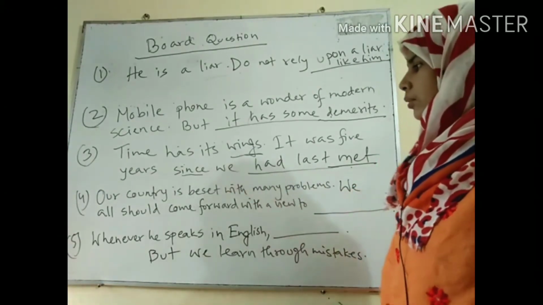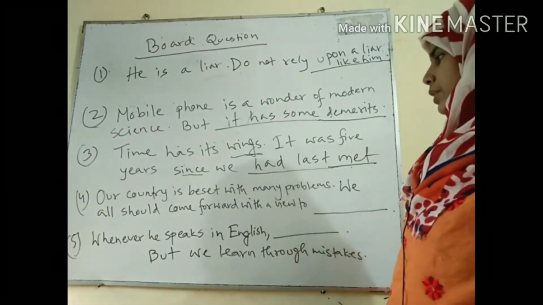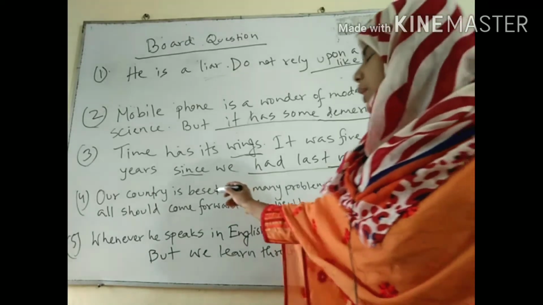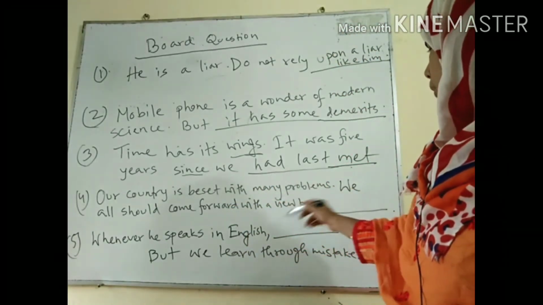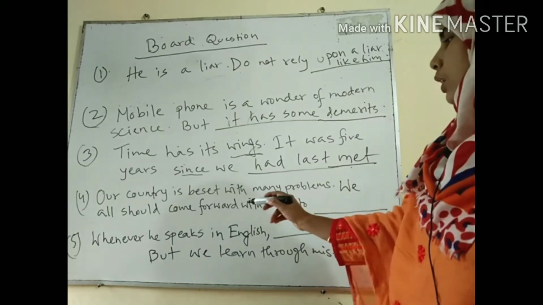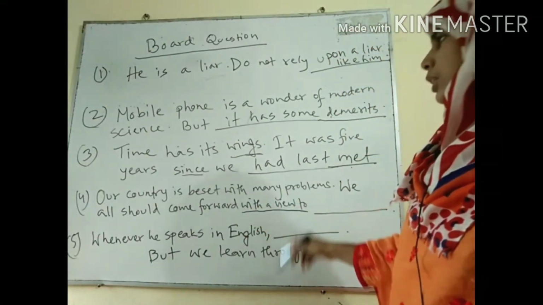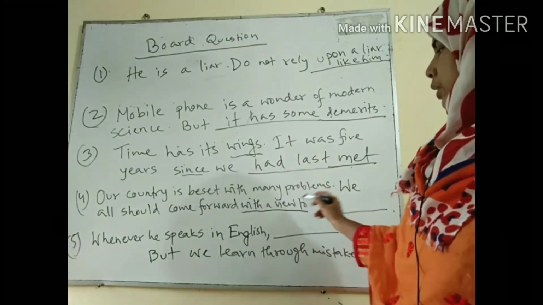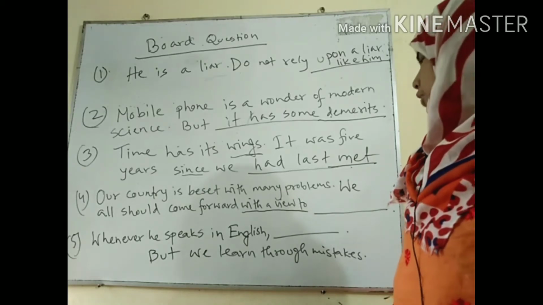Then fourth one, our country is beset with many problems. Beset with means jorjorito. Our country is beset with many problems, we all should come forward with a view to. We also did it in our rules. After with a view to, we have to use a verb with ing.